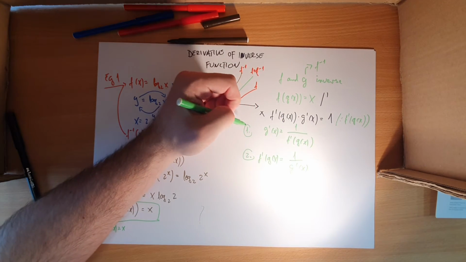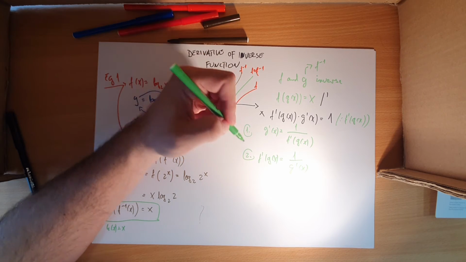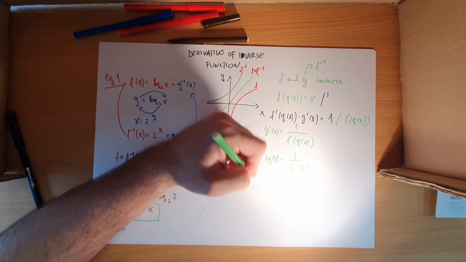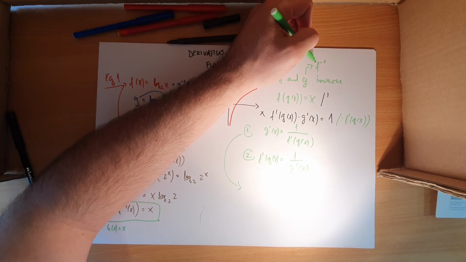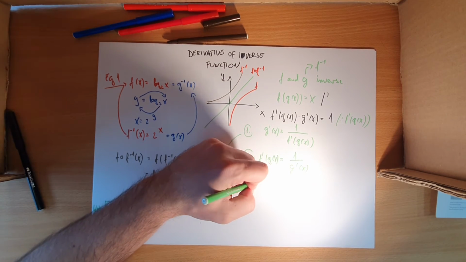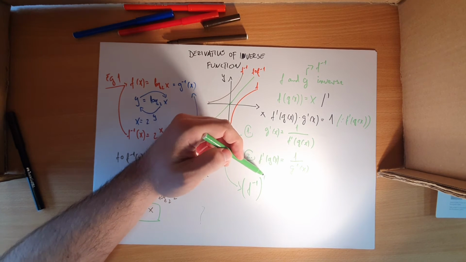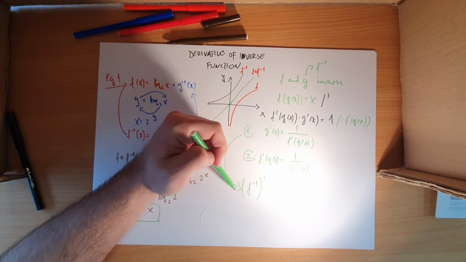Now, why am I saying the first one is the one to use? Because I can rewrite this using f to the power of -1 instead of g. Well, basically, this is f to the power of -1 derivative. So if you want to differentiate an inverse function, this is now its name.